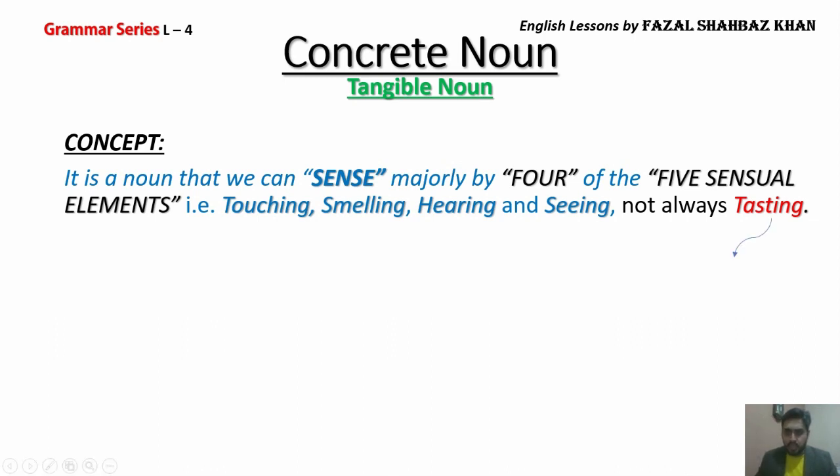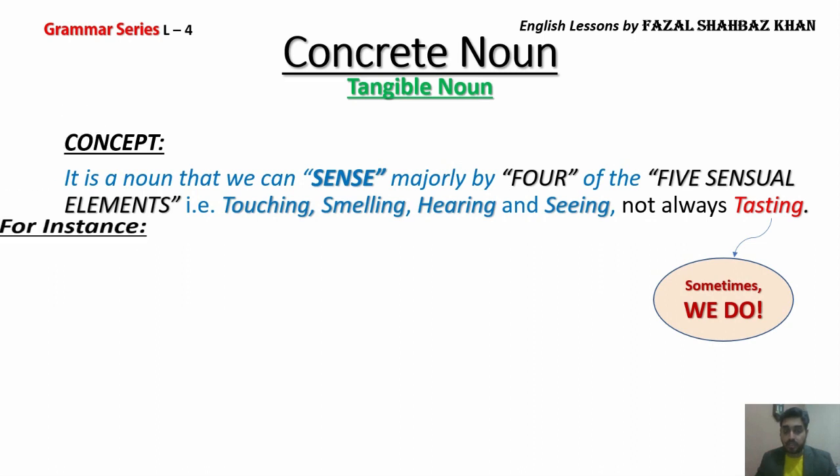Sometimes we do go for tasting also, so that makes us get all five of the essential elements that can be used for concrete noun, which can be done for sensing.